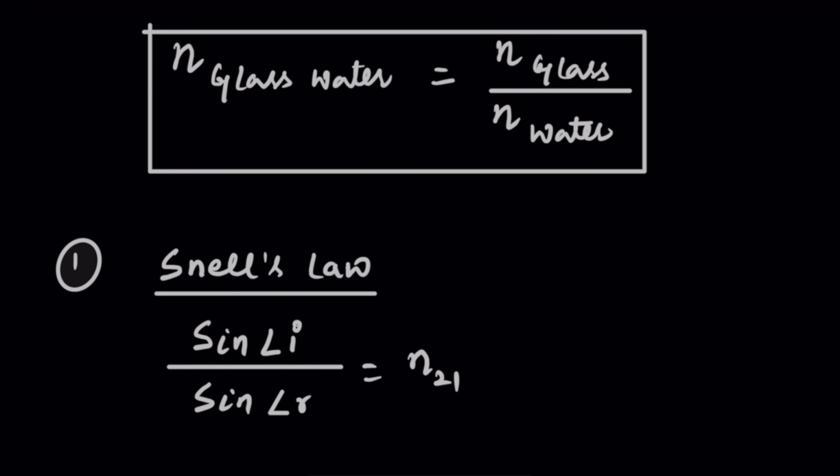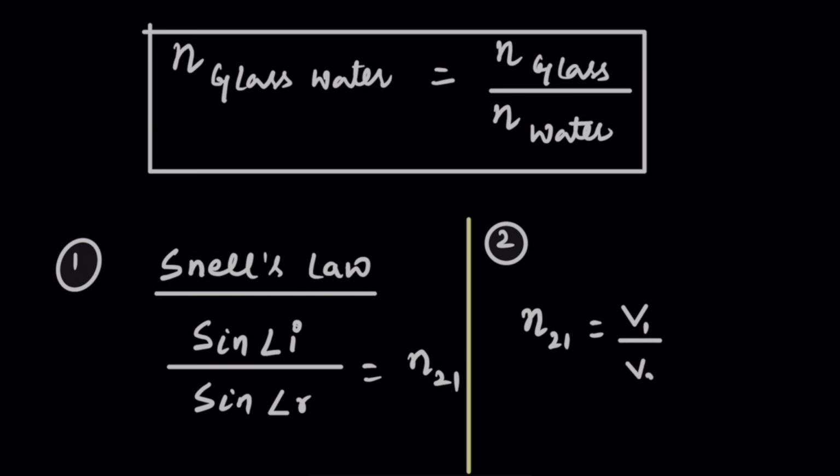Second formula was based on speed of light, which is n21 is equal to v1 by v2. And the third formula we just discussed, n21 is equal to n2 by n1.